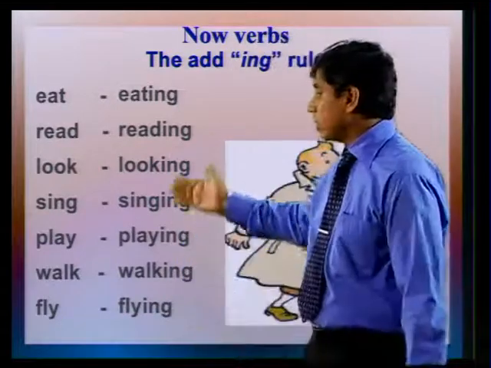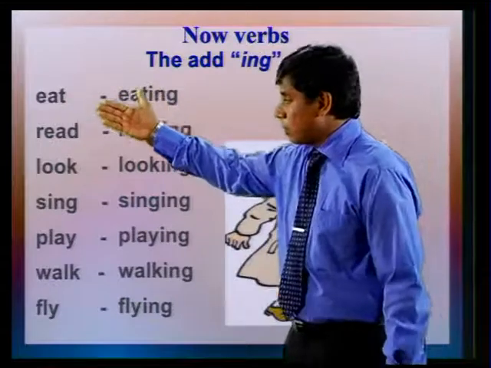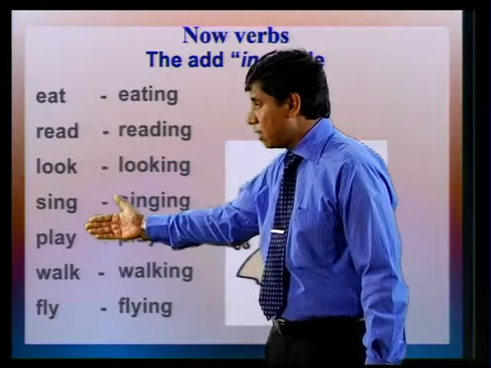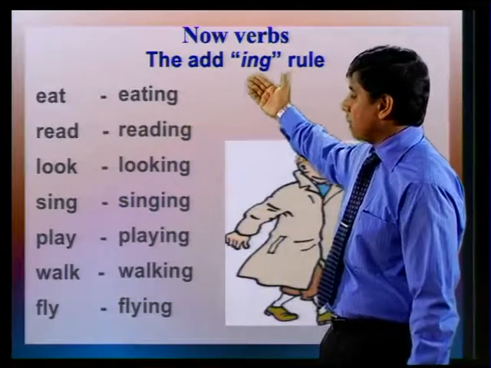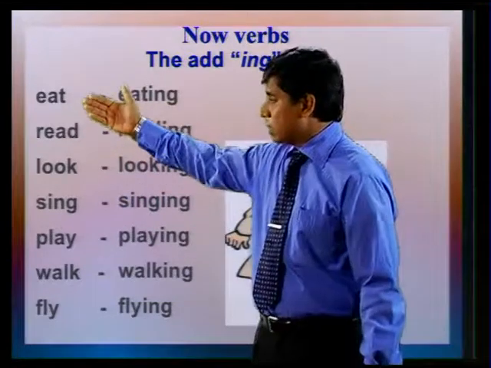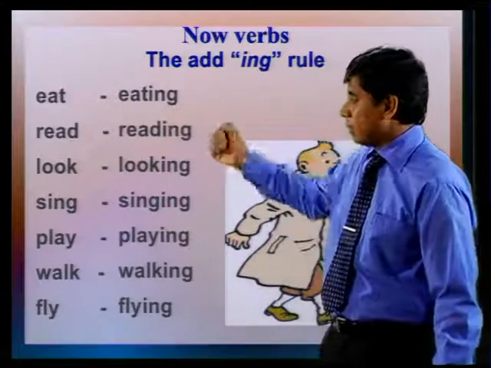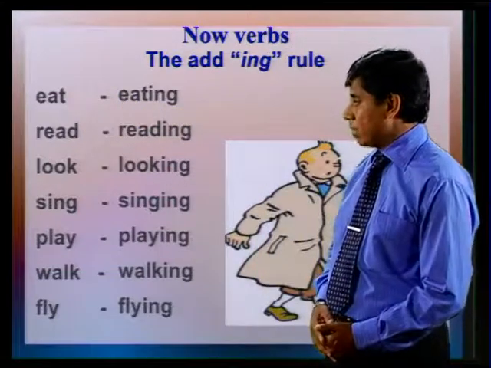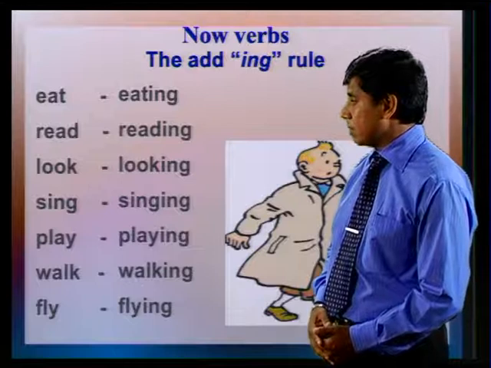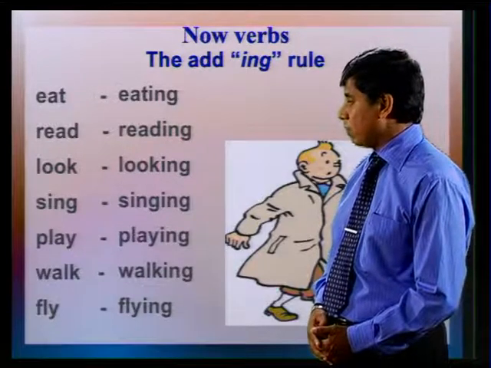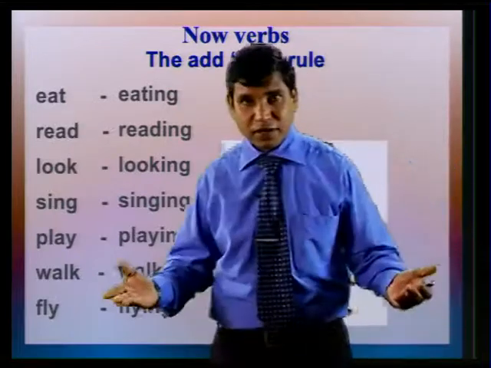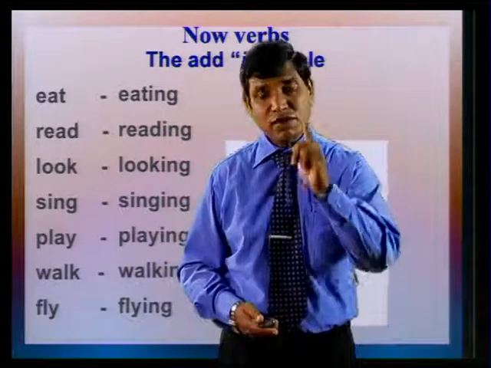So when you look at these verbs, all these are the base forms of the verbs, and the first rule is you add ing to all the base forms given. Eat, eating, read, reading, look, looking, sing, singing, play, playing, walk, walking, fly, flying. It's simple, isn't it? Okay, that is the first rule.